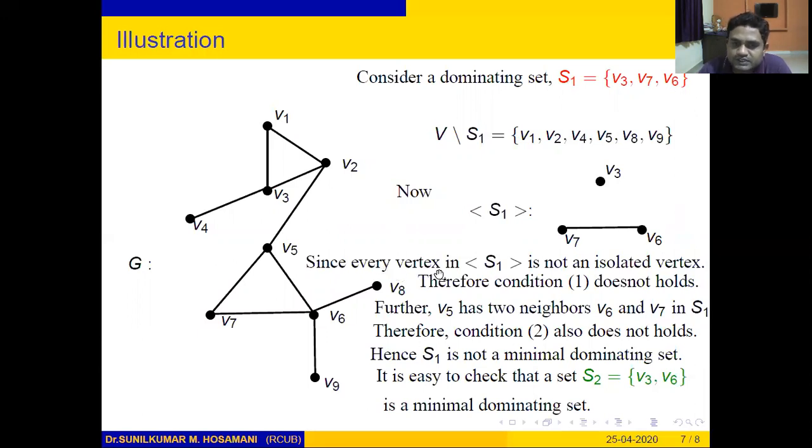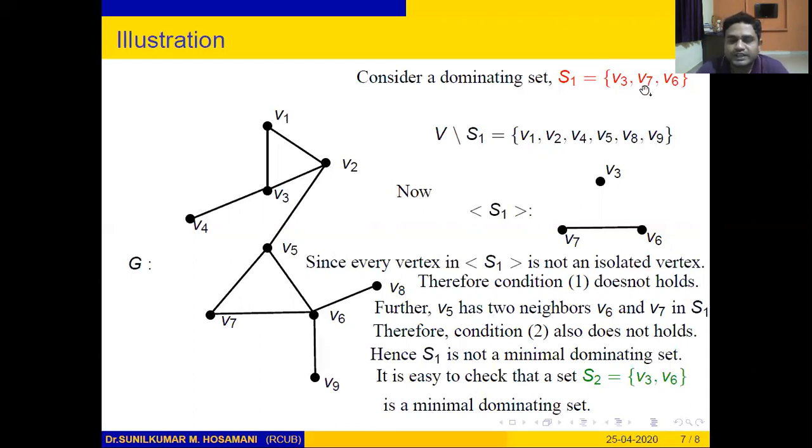Since not every vertex in induced S1 is isolated, condition 1 does not hold here. Further, V5 has two neighbors. The neighborhood of V5 is V2, V7 and V6, and V6 and V7 belong to S1.